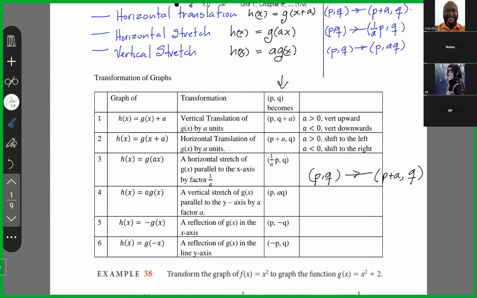So in a horizontal translation, the y-coordinate remains the same, but the x-coordinate either increases or decreases by a. All right.